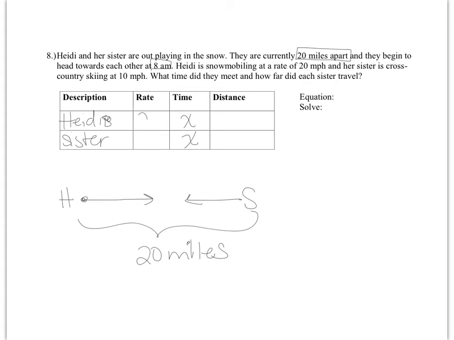So Heidi's rate is 20, and her sister's is 10. And so the times are both x because they both left at 8 a.m. Get your distances for each person by multiplying their rates times their times. So Heidi's going to be 20x, and her sister's going to be 10x. And so the equation is we add their distances together. 20x plus 10x.